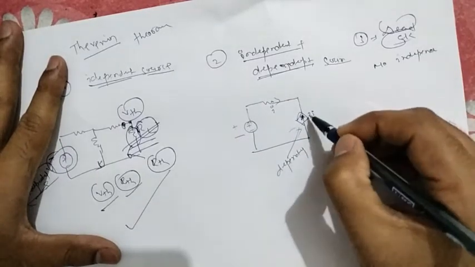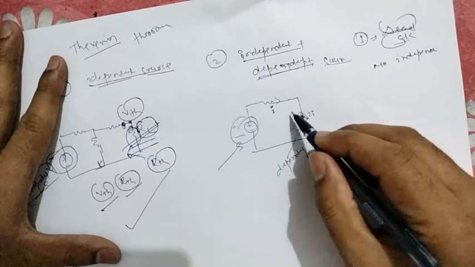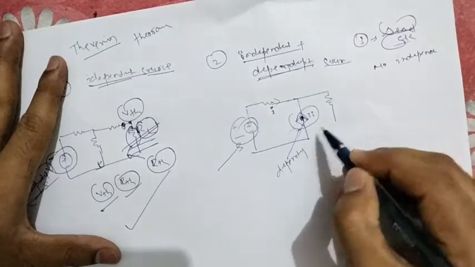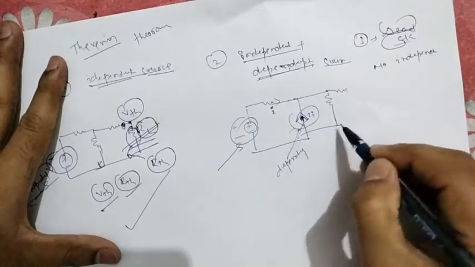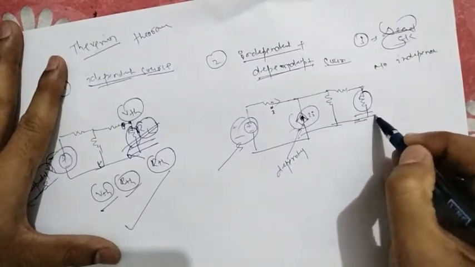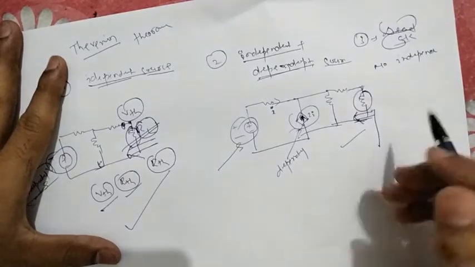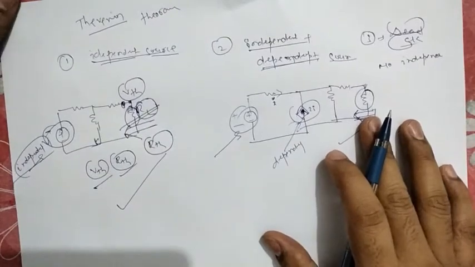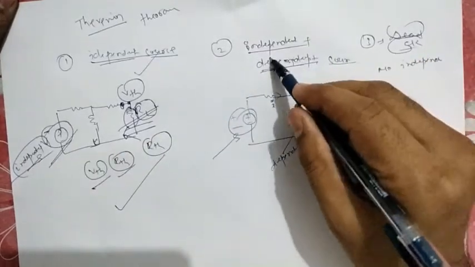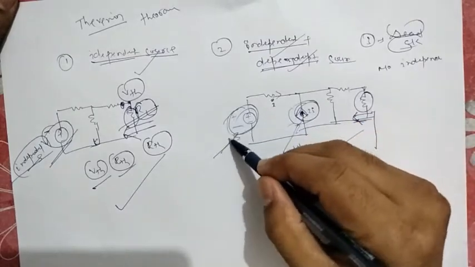Dependent source means this current source is dependent on this I. So one independent source and another dependent source, and if we wish to calculate the VThevenin and RThevenin across this, then what procedure we are going to apply, that we will see. But we are just going to check which type of circuit it is. First, it is independent source where only one independent source is applied, and in independent plus dependent source, one dependent source and another independent source is applied.